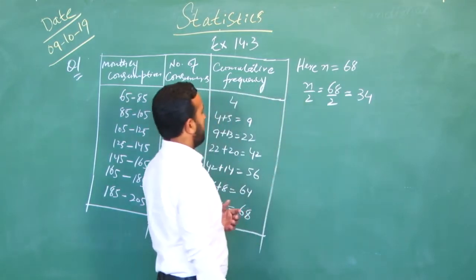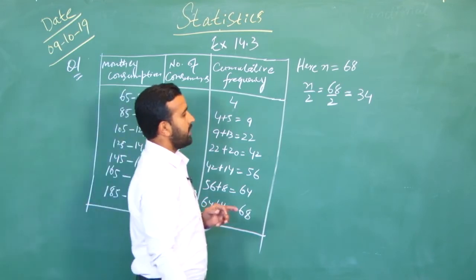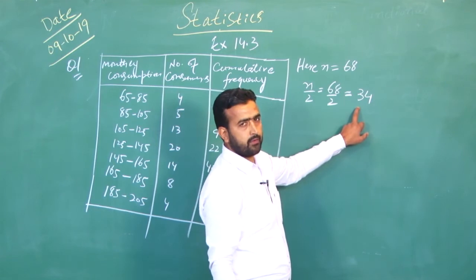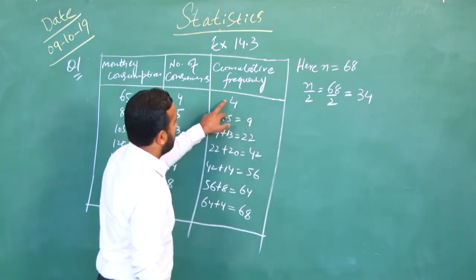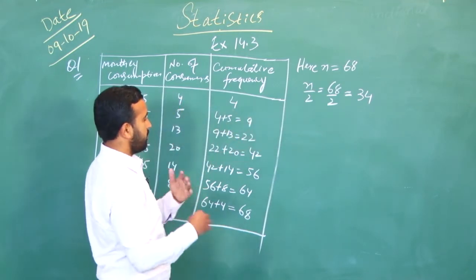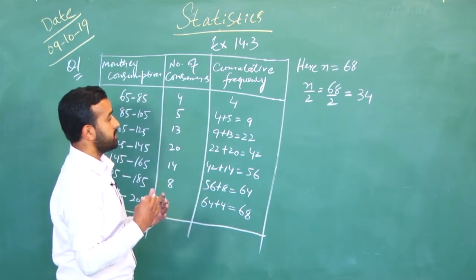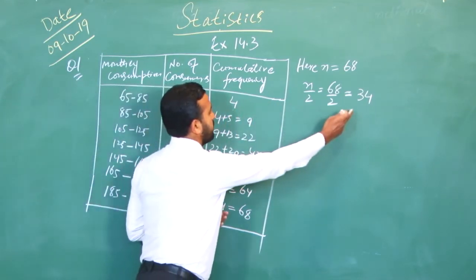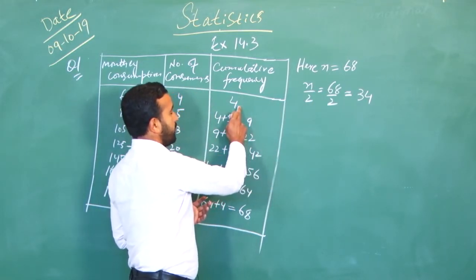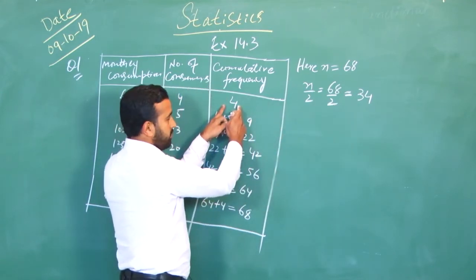Now, among the cumulative frequencies, we have to identify the frequency just greater than 34. The first cumulative frequency is 4, and 34 doesn't come under 4.